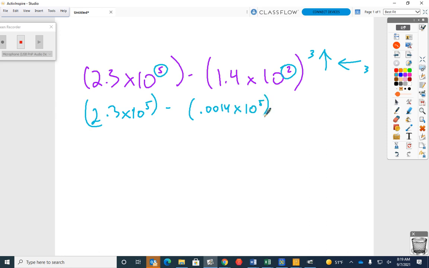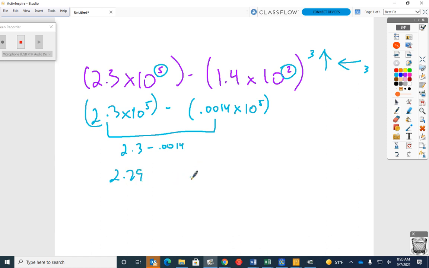Do you understand what we did so far? Okay. Now, because this is subtraction, I'm going to take this 2.3 and subtract 0.0014. So 2.3 minus 0.0014, and I have 2.29, and we'll stop there.